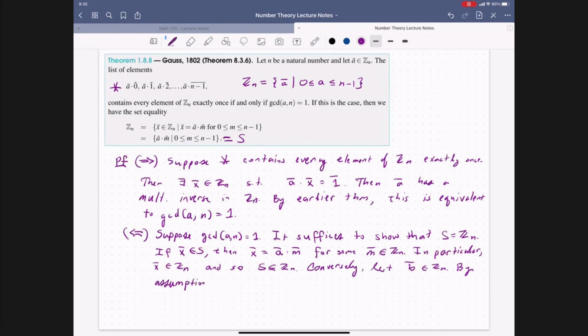So that tells us that there is a multiplicative inverse for A in the integers modulo n, such that A bar times A inverse is equal to 1. And so here we're using the theorem on multiplicative inverses. And so we have this here.